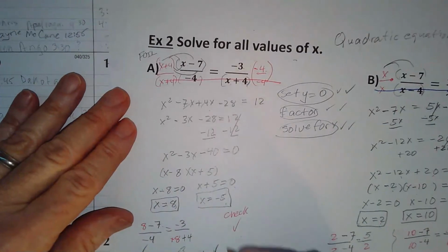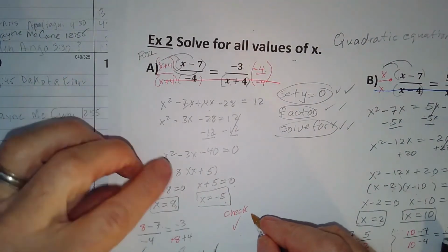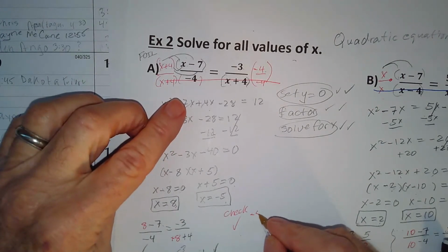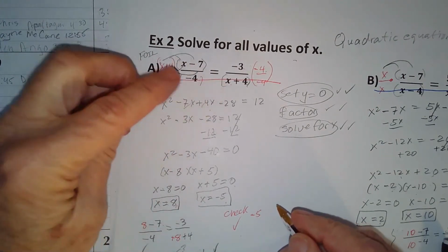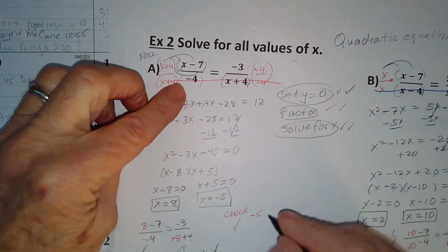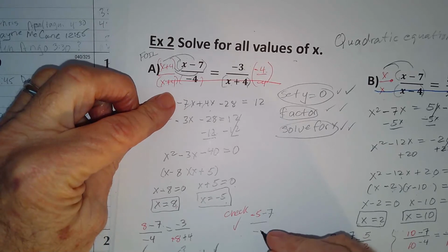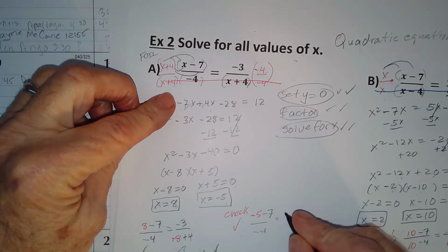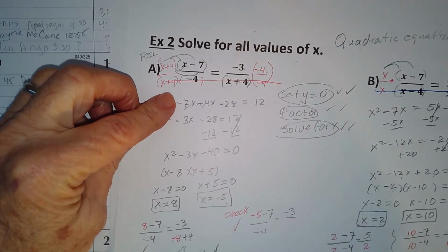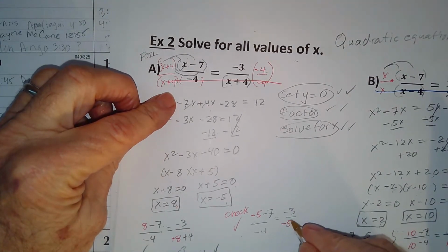Let's check this one over here. So this one we had negative 5 for x. So negative 5 minus 7 over negative 4 equals negative 3 over negative 5 plus 4.